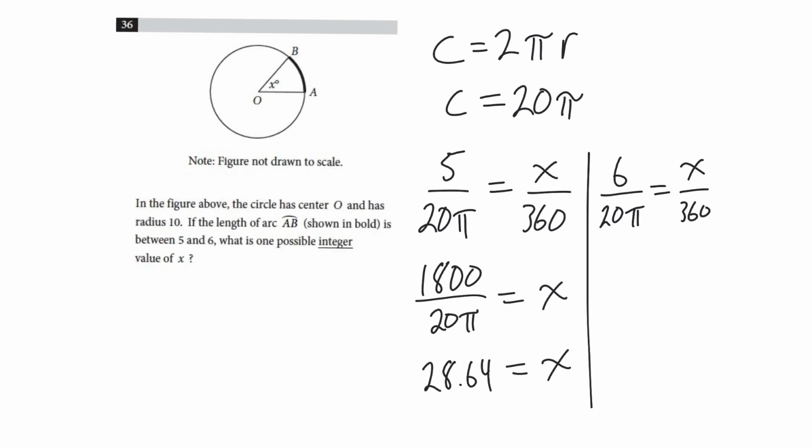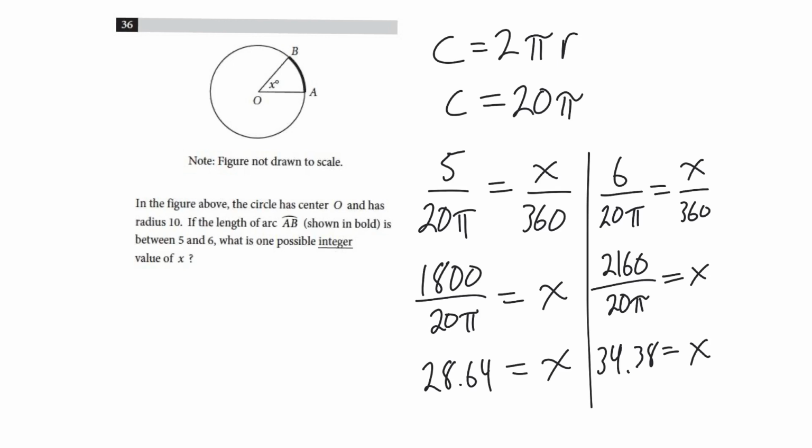Again, we'll just multiply 6 times 360, get 2160 over 20 pi equals x, and 2160 divided by 20 pi equals 34.38, rounded.